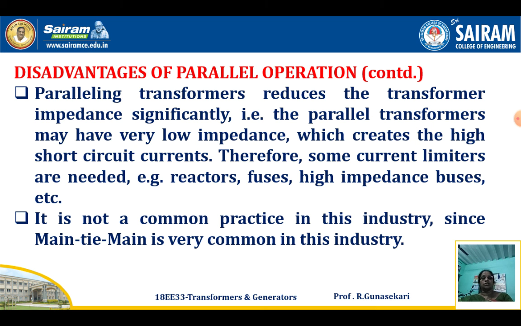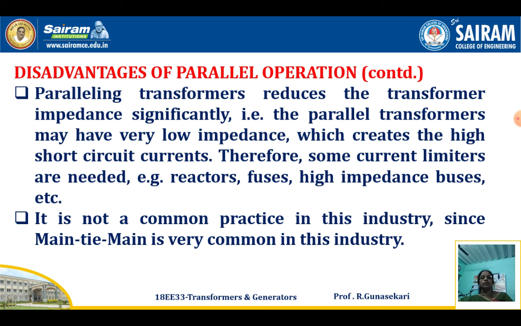So the short circuit current and the impedance are inversely proportional under the short circuit test. If the impedance is low, the short circuit current increases. So we want to reduce this short circuit current, because the short circuit current should be equal to the rated current only. Therefore we have to limit the short circuit current.